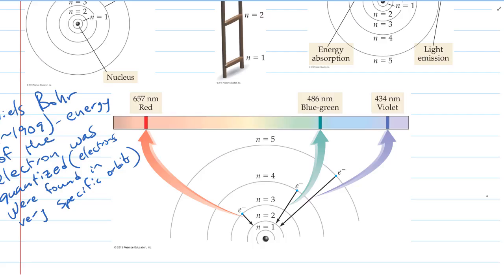When we say that something is quantized, what that means is that only very certain, very specific values are allowed. One example I could give is if we talk about your car traveling. If the speed at which your car could travel was quantized, that might mean you could only travel at 10 miles an hour, or 20 miles an hour, or 30 miles an hour. You couldn't travel at any speed in between.